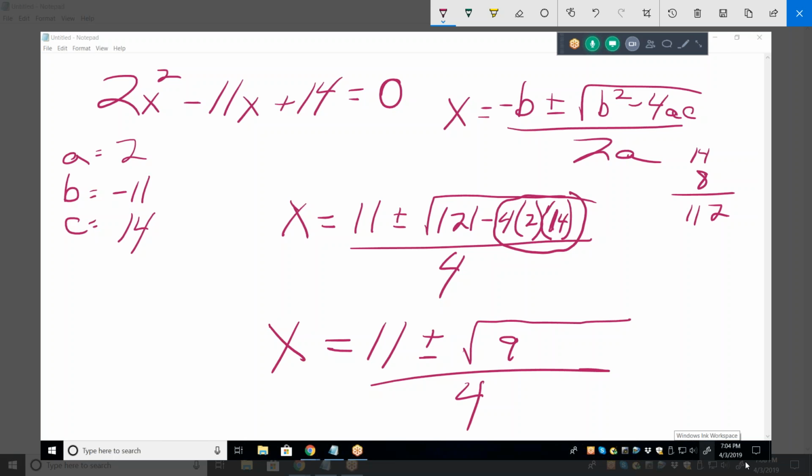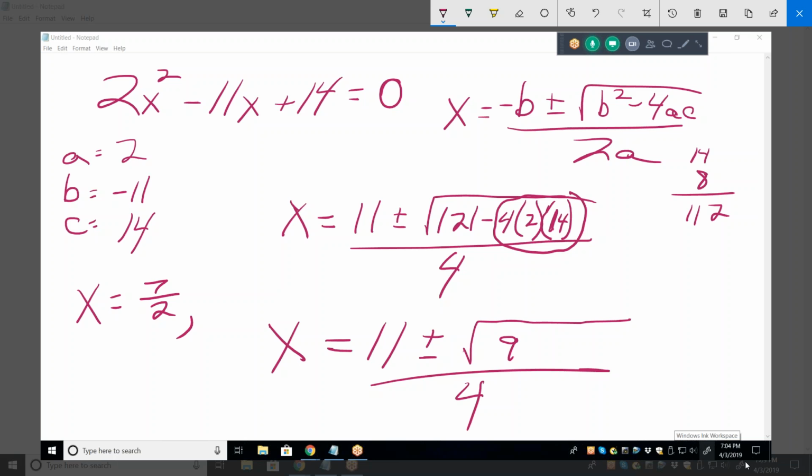So what are our two answers? The first one would be 14 over 4. Or 14 over 4, sorry. So that would be 3.5, or 7 over 2. And what's the second one? 2.25.